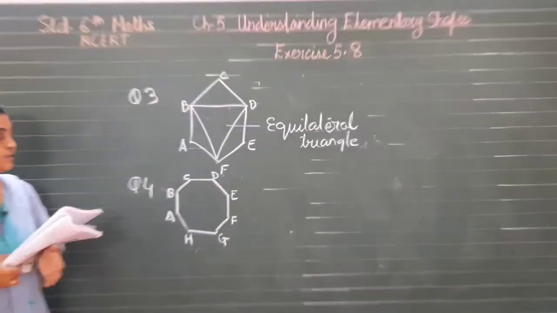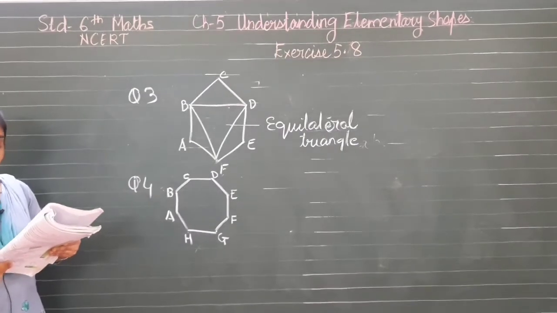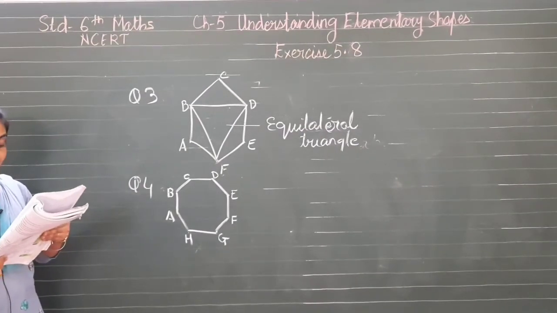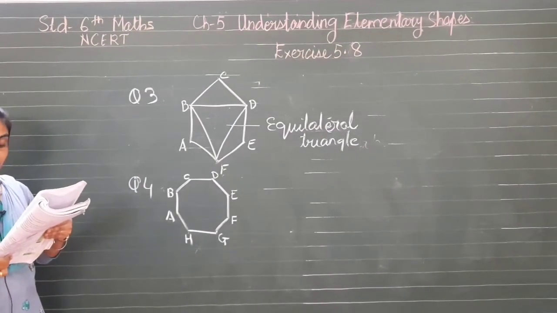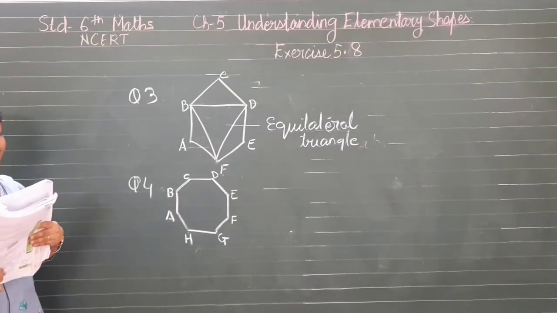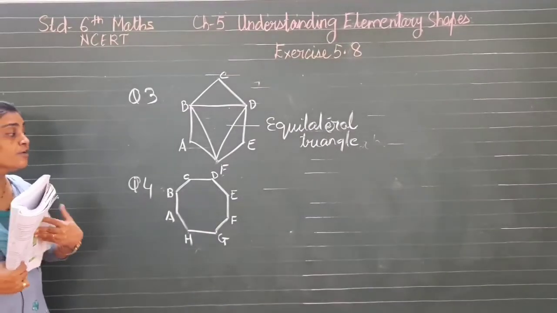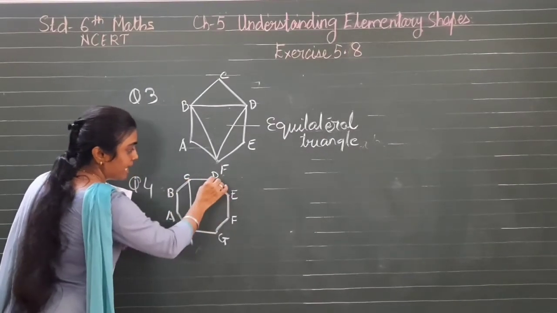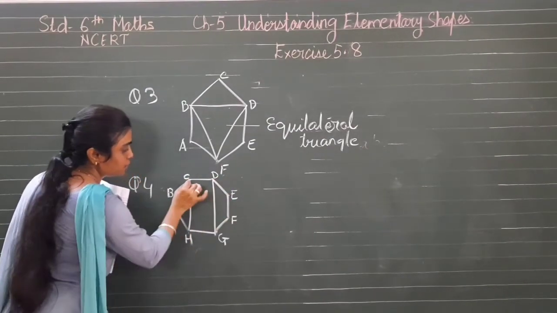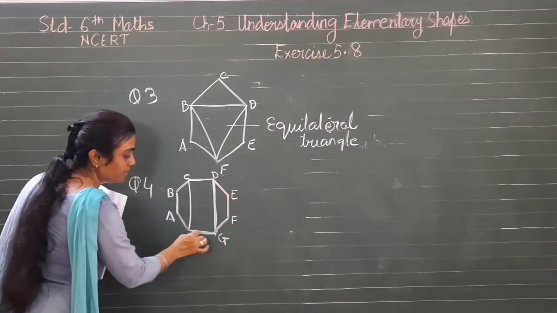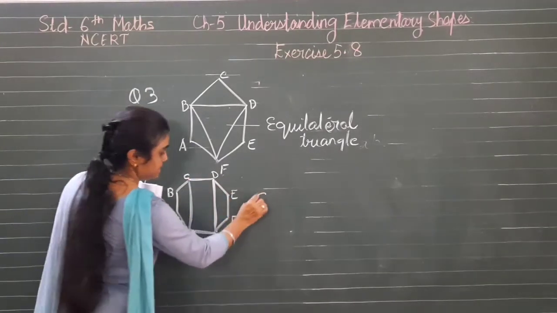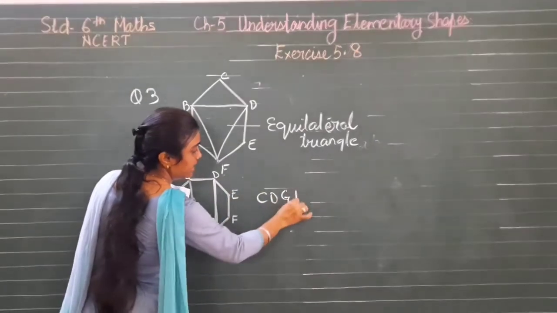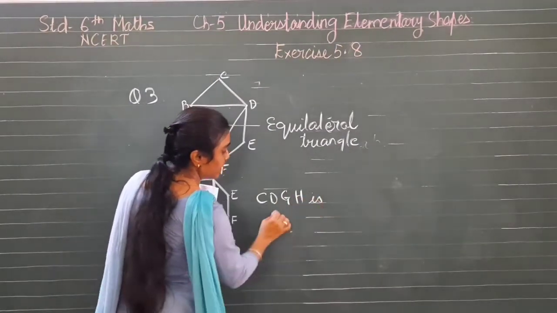If you want, you can use the square paper. Draw a rectangle by joining exactly 4 of the vertices of the octagon. So you have to make a rectangle by joining the 4 vertices. So I can join C with H and D with G. So this will become a rectangle. C, D, G, H is a rectangle.